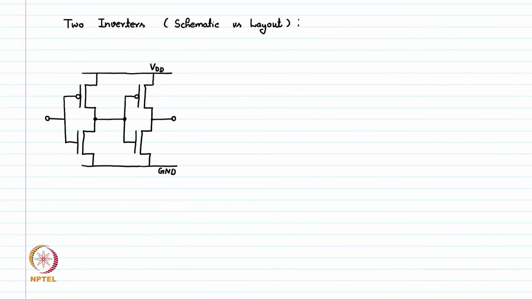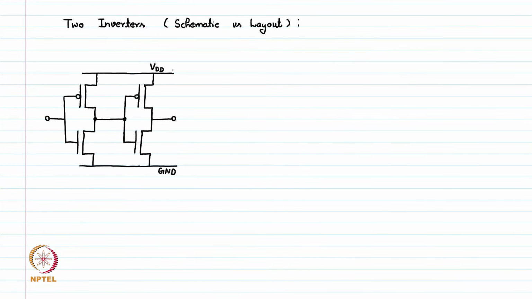So now we want to make the layout of this inverter chain. The one thing to note is these supply lines, VDD, are shared among all the circuits. So here we can see this is a single line of VDD which is going to the first inverter as well as the second inverter. Similarly, the ground supply, which is a single rail, is connected to the ground of both of the inverters.